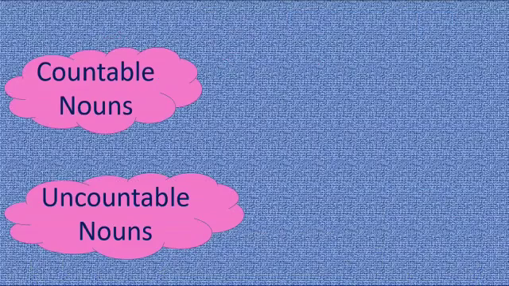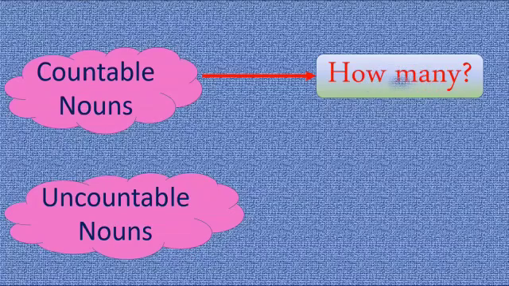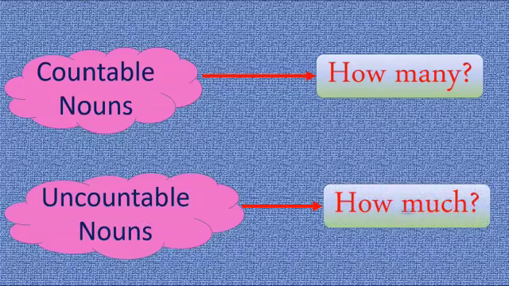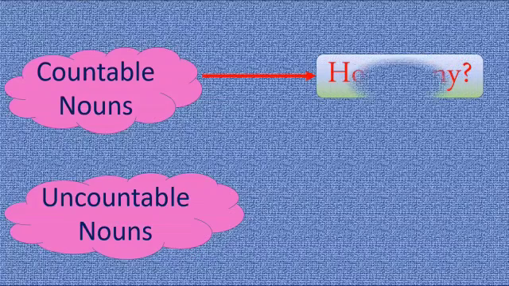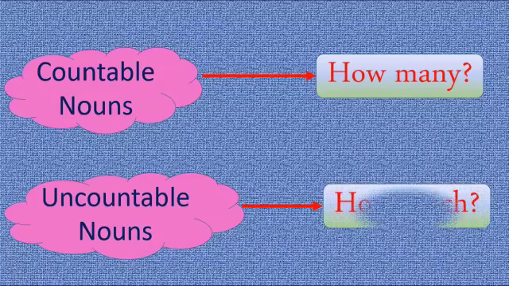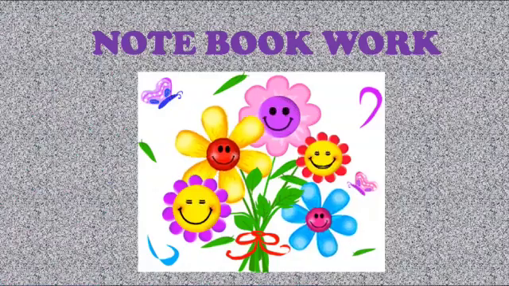Children, with countable nouns we use how many, and for uncountable nouns we use how much. काउंटेबल नाउन के साथ हम यूज करते हैं how many, और अनकाउंटेबल नाउन के साथ हम यूज करते हैं how much.